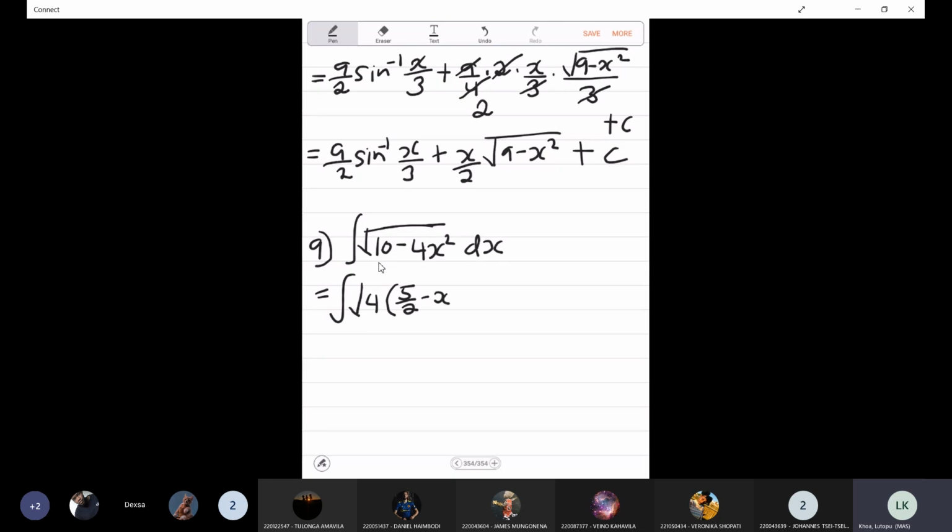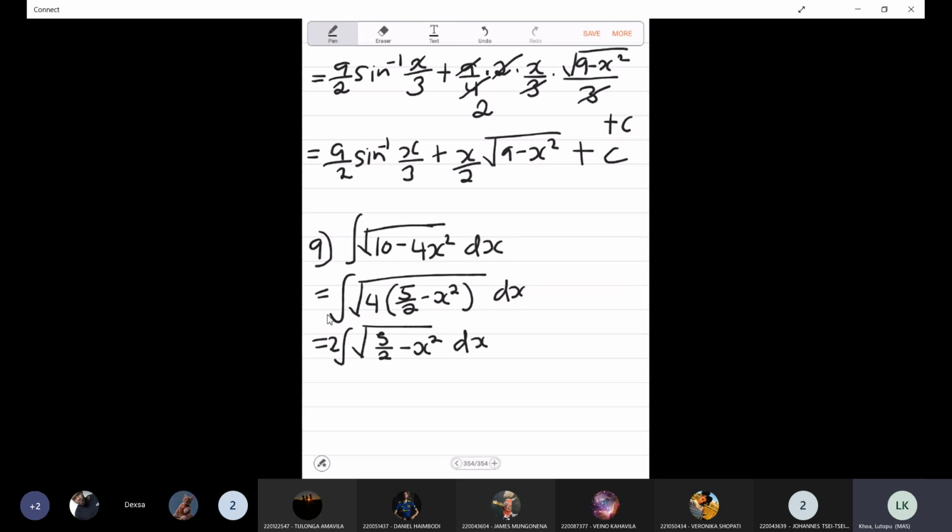Minus x squared dx. Then this square root of 4 is 2, which can go outside. So this is the integral 2, the square root of 5 over 2 minus x squared dx.